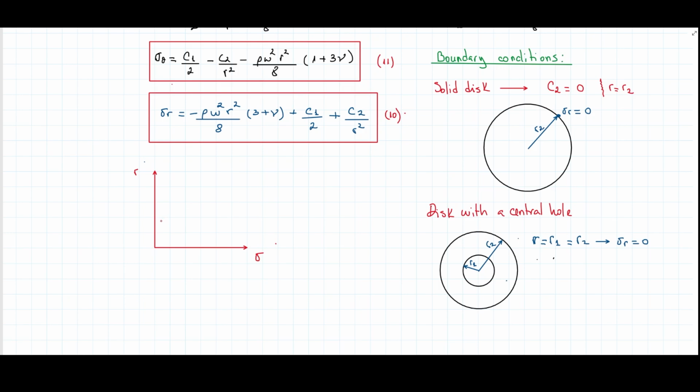Because all these stresses are going to vary with respect to the radius, the radial stress is going to do something like this. It's going to come from here, and do something like this. The radius is measured from here to the top, and this coincides with the axis of rotation.